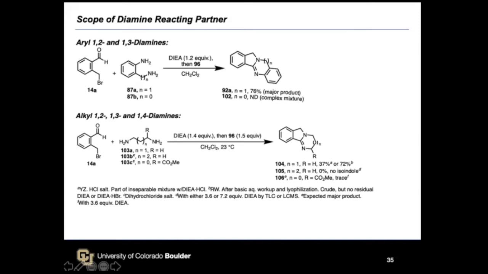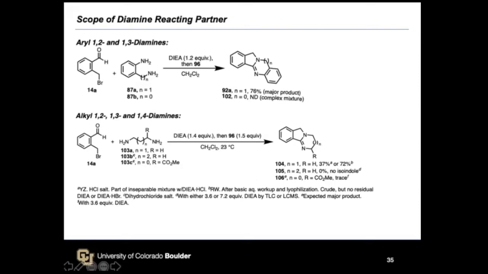Next, we investigated alkyl 1,2, 1,3, and 1,4 diamines, and we found that diamine number 103A, which is a 1,3 diamine, gave moderate yields after purification by preparative HPLC. However, a basic aqueous workup and lyophilization were needed to remove all of the DIEA and DIEA HBr salts.